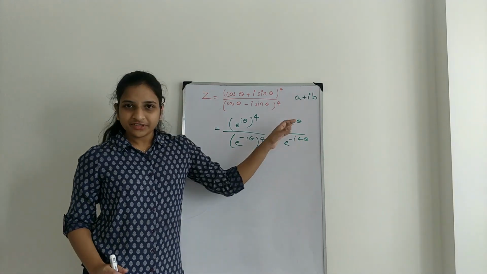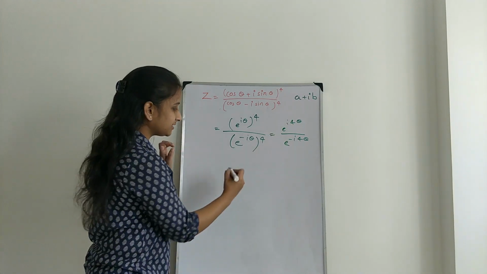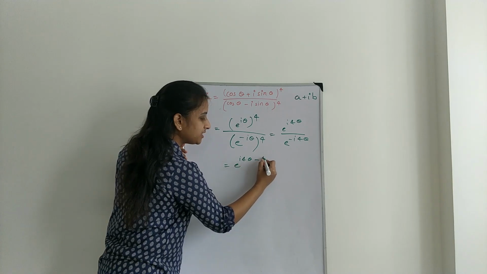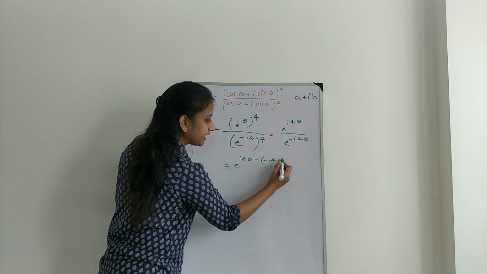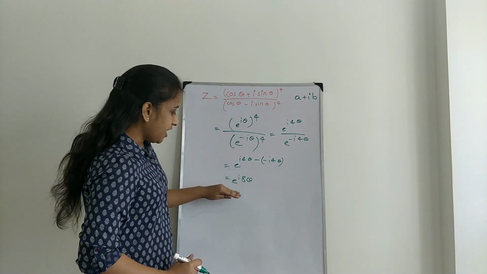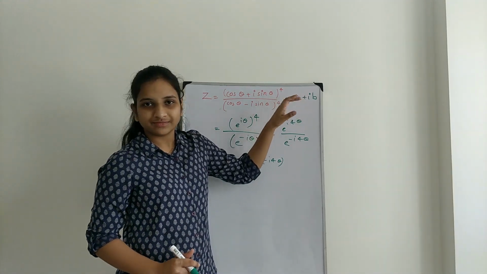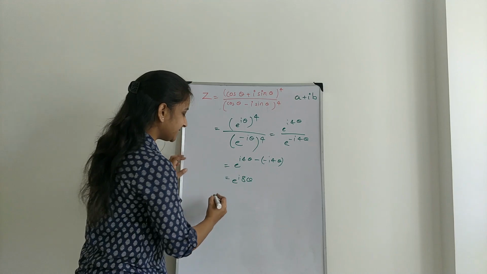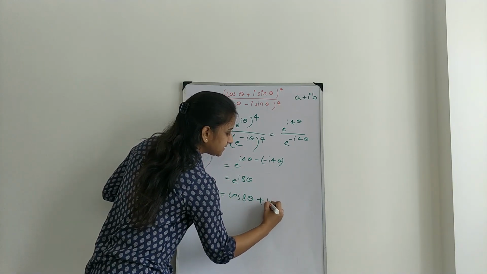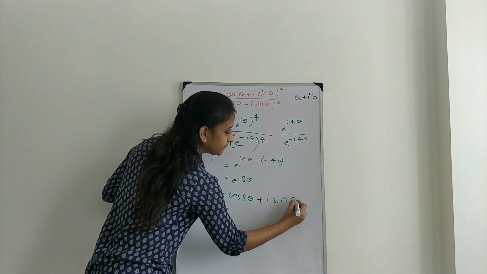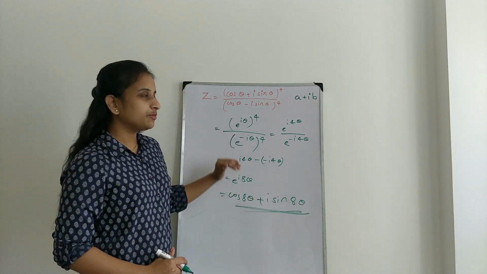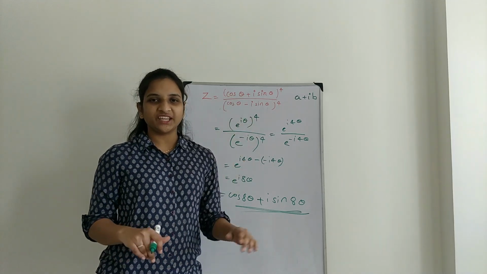In division we subtract powers, so I get e power i 4 theta minus of minus i 4 theta. This is e power i 8 theta. We have to bring it into this form. So in cos and sin terms, cos of 8 theta plus i sin 8 theta. Easy, right? Using Euler's formula, this division becomes very easy.